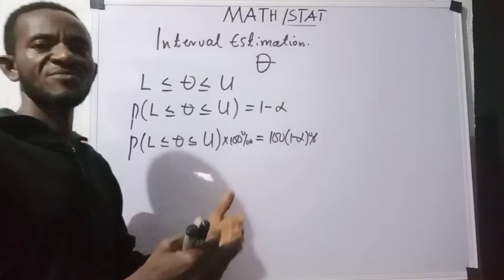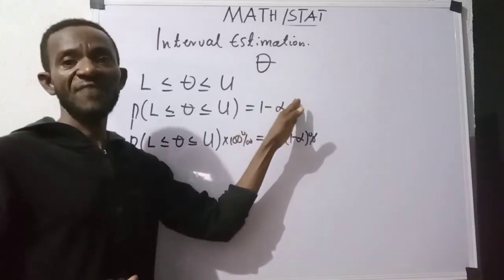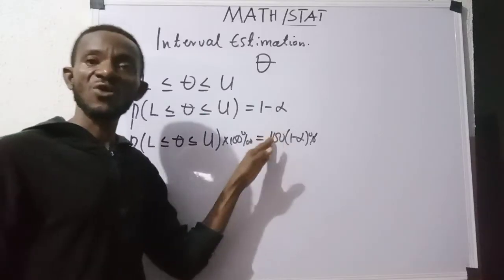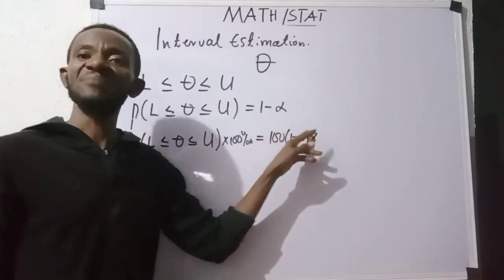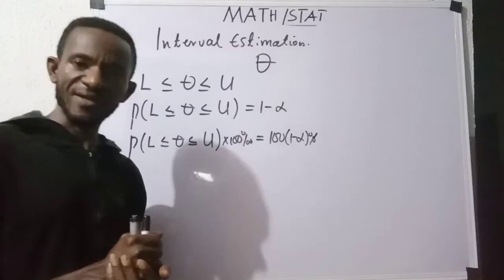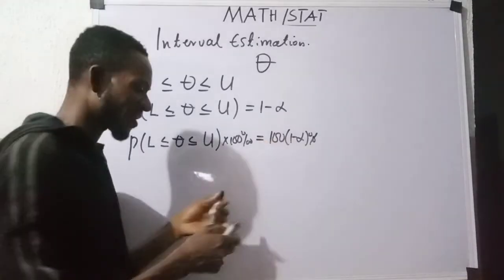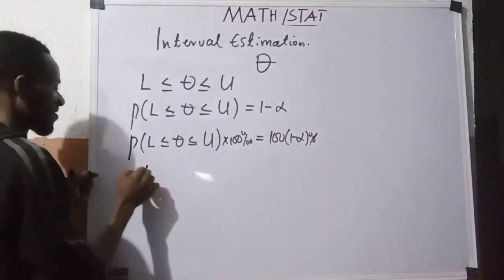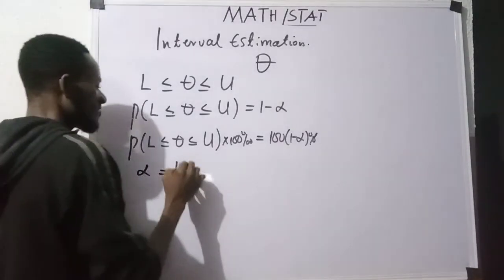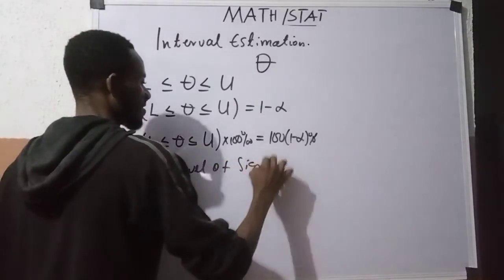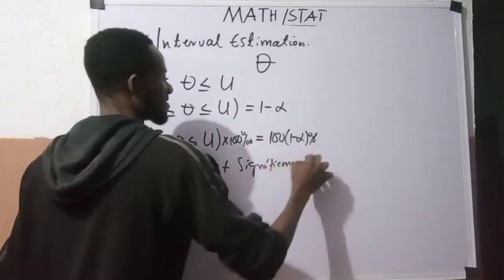So you either hear them say construct a 1 minus alpha confidence interval, or construct a 100 into 1 minus alpha percent confidence interval. Okay? Now, this alpha is what we call the level of significance.